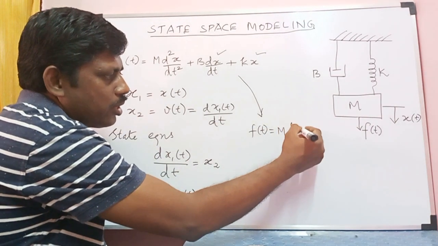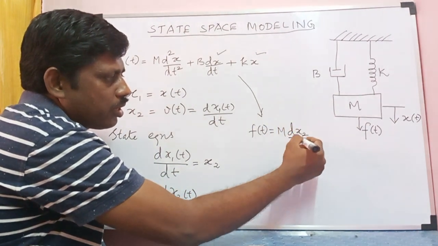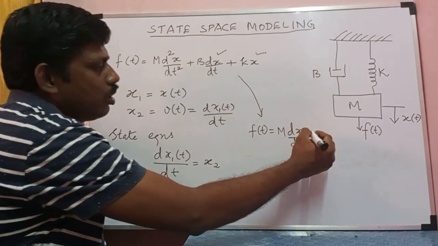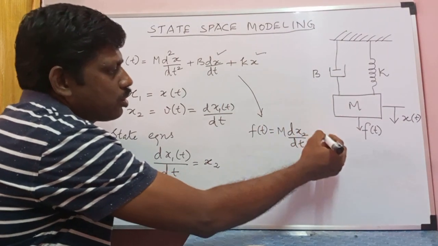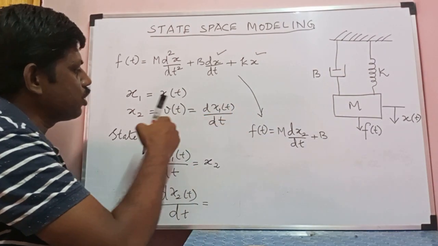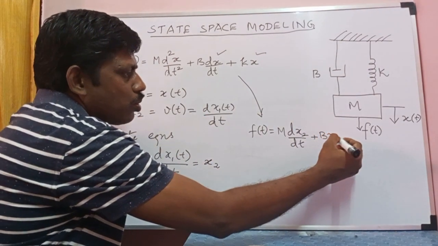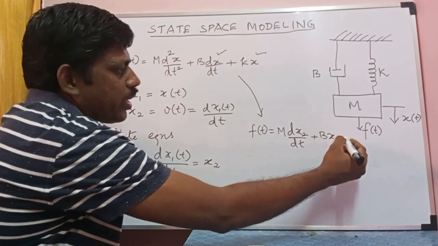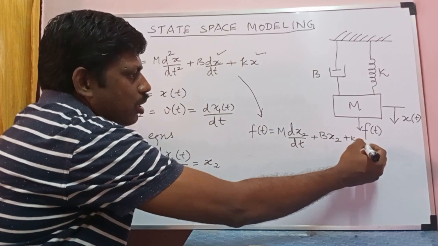So I can write it as dx2 by dt plus b dx1 by dt, which is nothing but x2, plus k x1.